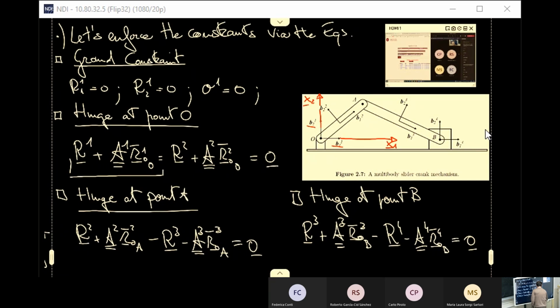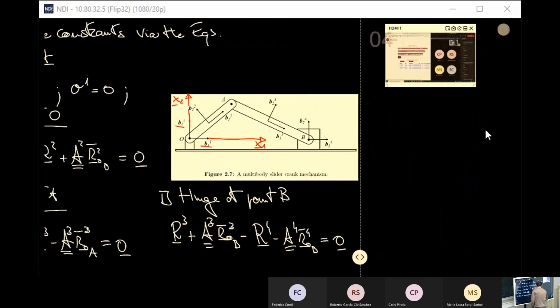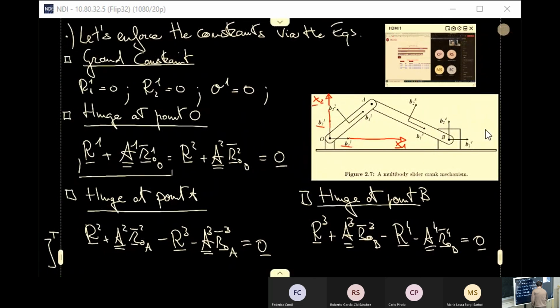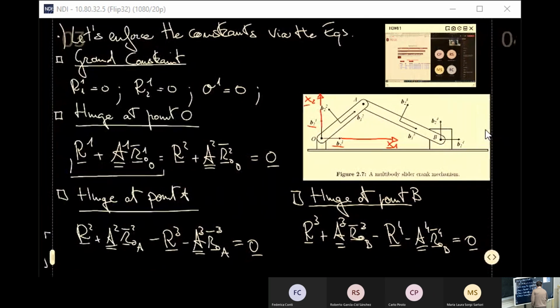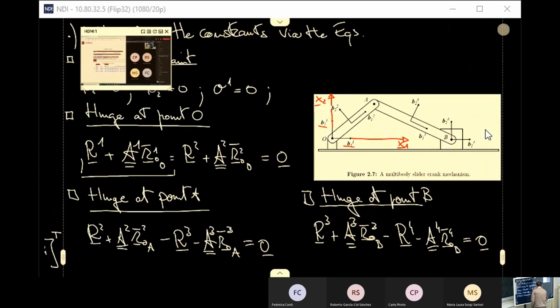And then we have the sliding. Let's have everything in the same slide. So we write down here, or actually we call it tray, I remember. So tray. How do we enforce the tray? Any idea?